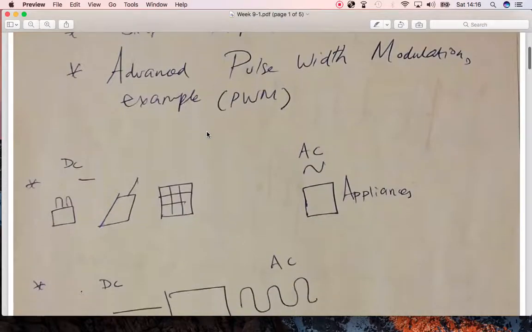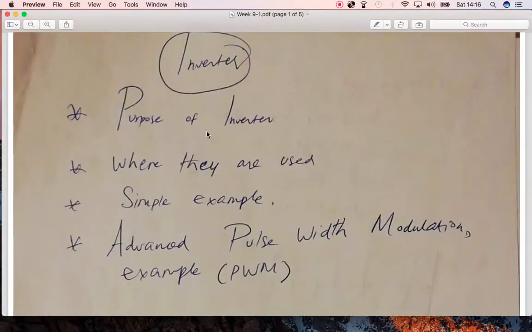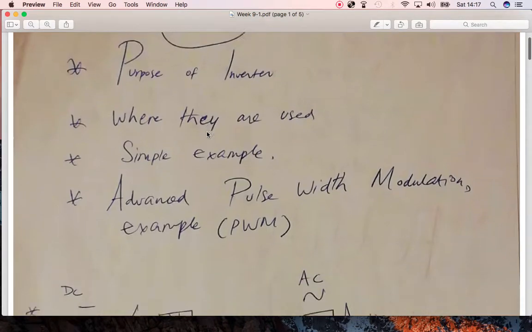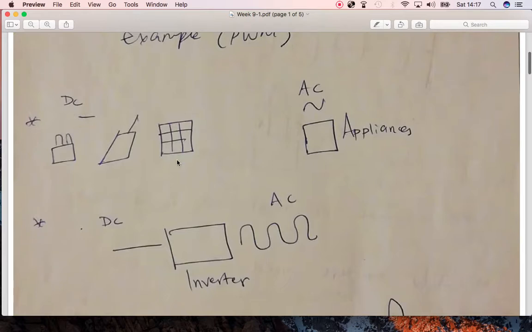So the purpose of an inverter, as already told you, is to convert DC power into AC power, and we can have many devices which can be used with DC and with AC. But normally at homes we have AC appliances, and for functioning of those appliances we have to have AC power being given to them.